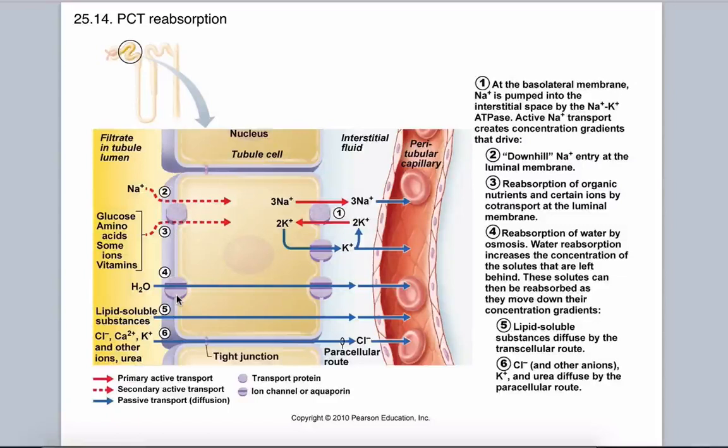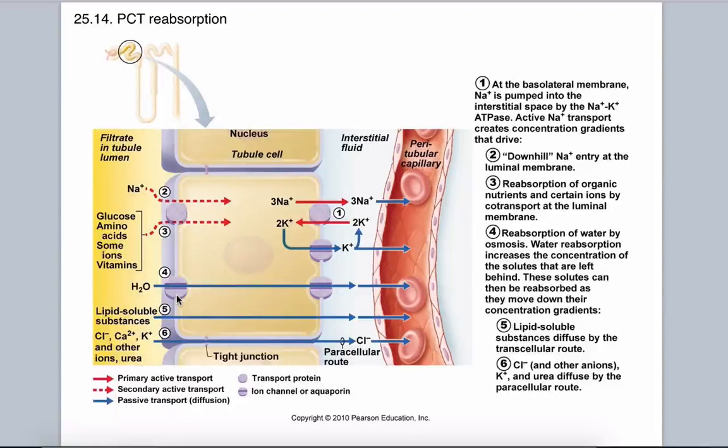There are proteins on the surfaces of these cells that are called aquaporins. Now, an aquaporin is a channel that allows water to roll down its concentration gradient. You remember antidiuretic hormone from back in the old days? Remember, ADH is what causes you to make a concentrated urine?